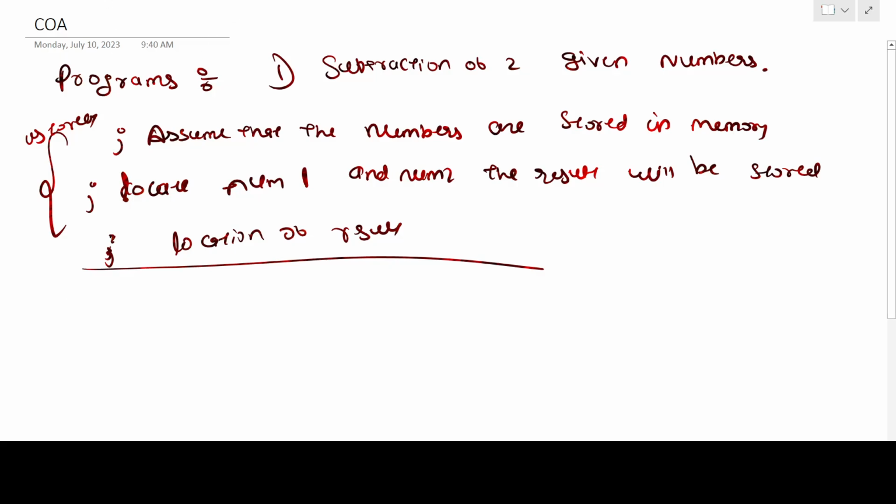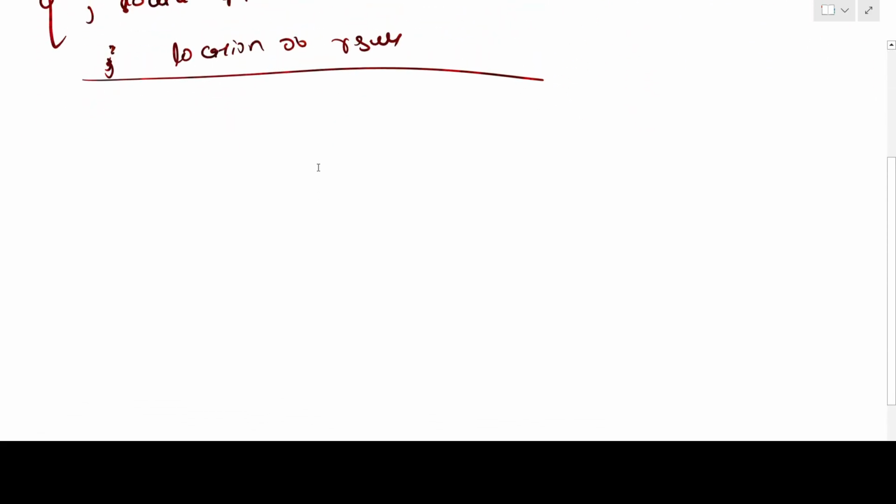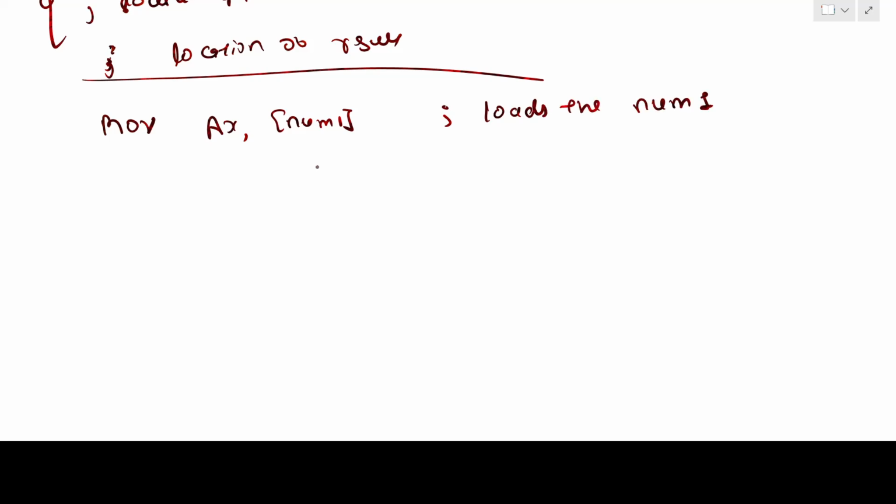Now we will start our code. First we write the mov command: mov ax, num1. What is this command doing? It loads the first number, num1, into the register named ax.